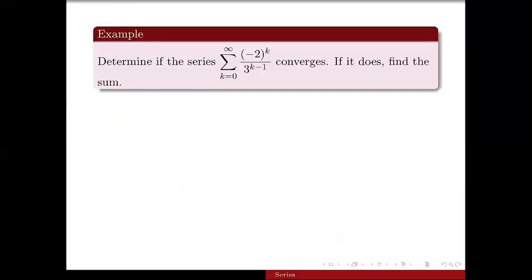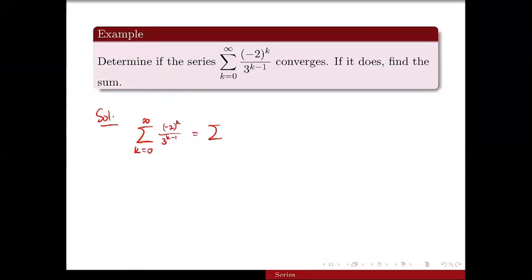So therefore, let us adjust our series. We have the series starting from 0 up to plus infinity of negative 2 to the k divided by 3 to the k minus 1.